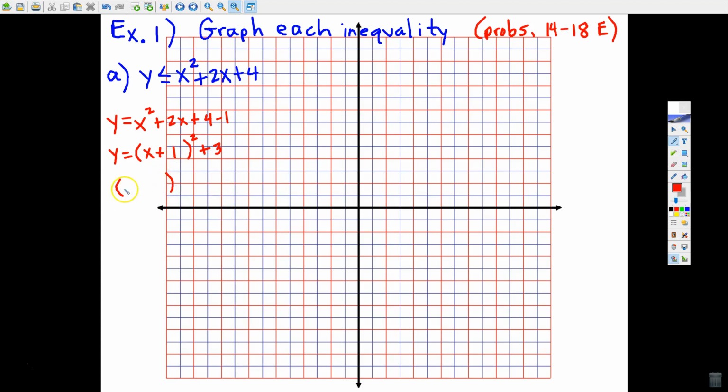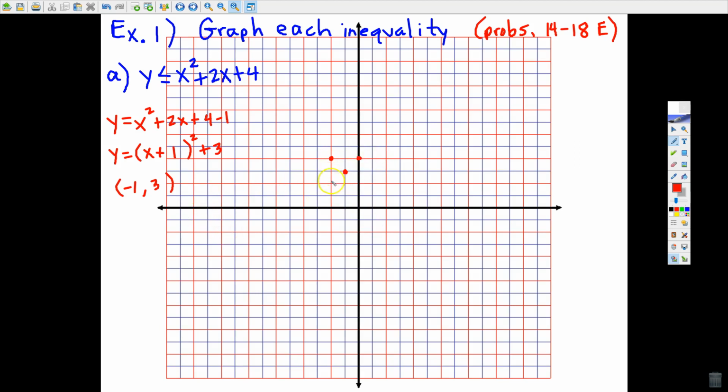So the vertex is -1, 3. So I'm going to start by plotting that point, -1, 3. Another easy point to plot, looking at standard form, is the y-intercept, and that's 4, which means my symmetry line being x equals -1 helps me come up with other points that correspond to other points on the graph.